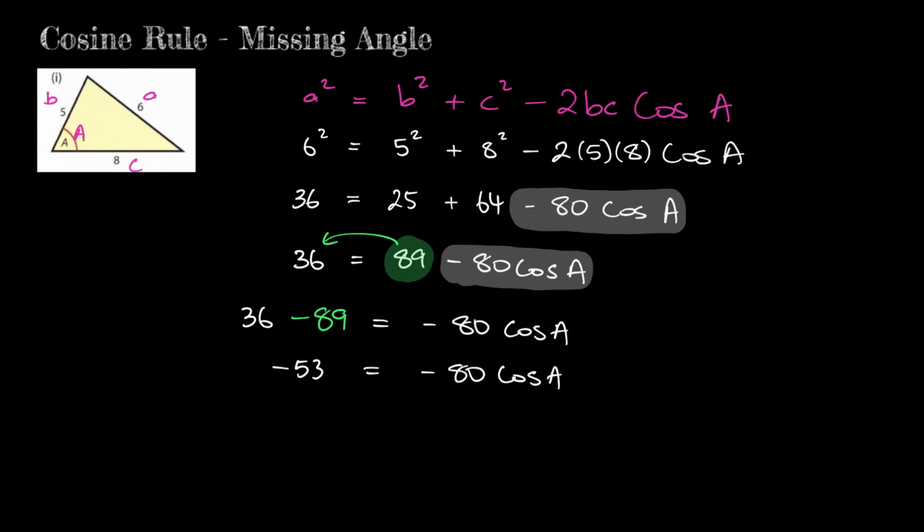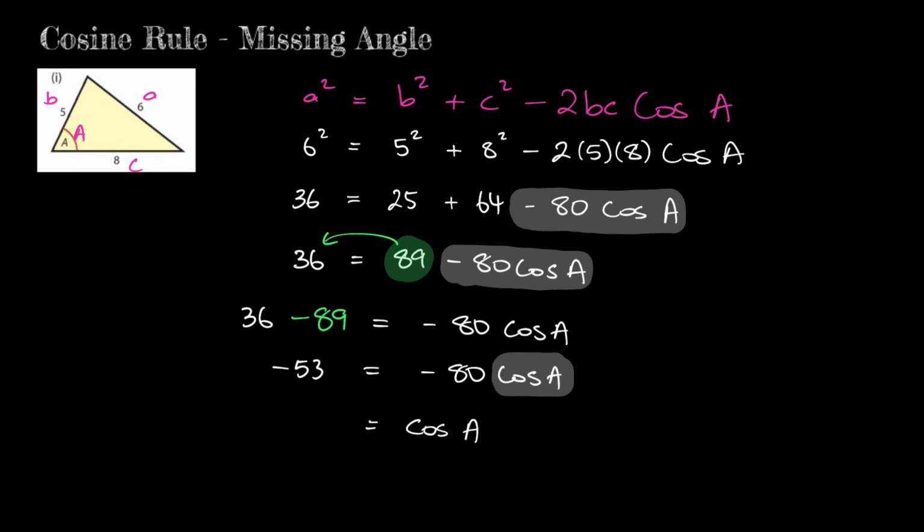And again, have a look at what we're looking for. We're looking for A, so I need to isolate the A, and how I do that is I divide both sides by negative 80. Here you can see I'm timesing cos A by negative 80. So to get cos A by itself, which is what I want, I need to divide both sides by negative 80.